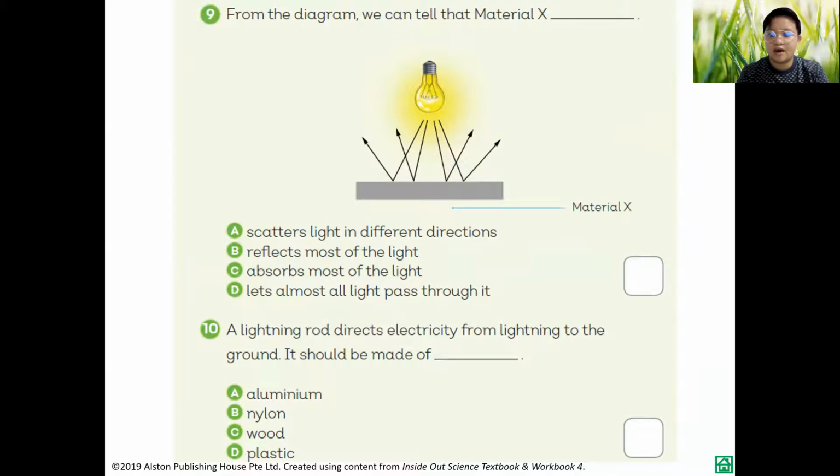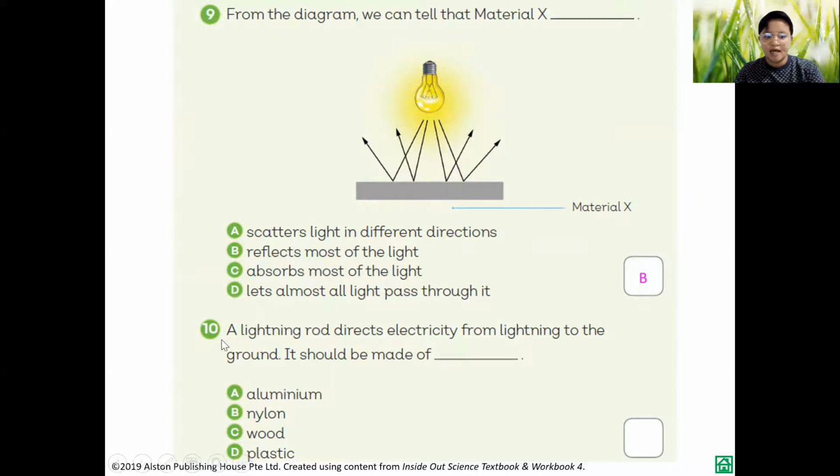From this diagram, we can already tell that the object is an opaque object. So it is not letter A, because letter A describes a translucent object, and you'll only choose between B or C. But from this picture, we can already see that light bounces off from the object. So the answer is letter B. It bounces off or reflects most of the light.